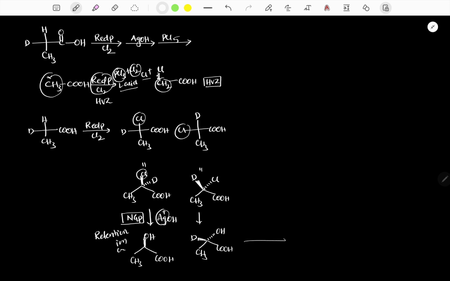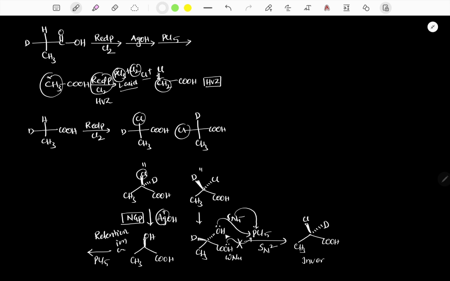Now these final products are treated with PCl5. Here the alcohol lone pair can attack, and the acid lone pair can attack. But the alcohol lone pair is a strong nucleophile, and the acid lone pair is a weak nucleophile. Therefore the acid won't attack, and the strong nucleophile attacks. We know that with PCl5 it follows SN2 mechanism, and the corresponding product is CH3, COOH, Cl above the plane, deuterium below the plane, because here we have to think about inversion.